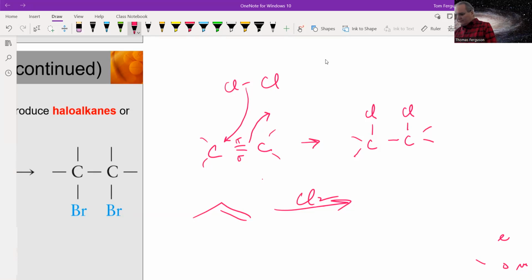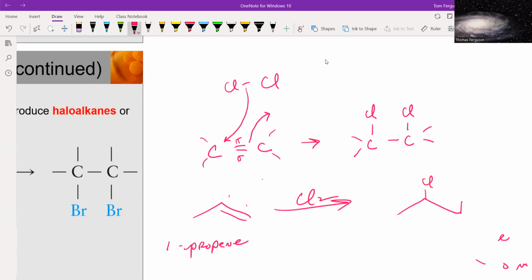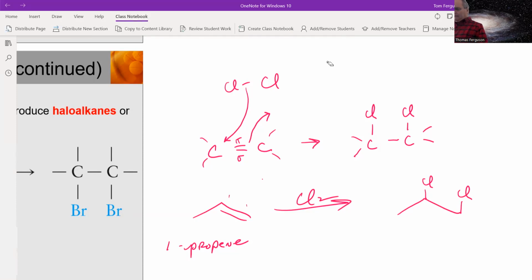Okay, so these are the conditions. We start with our reactants. In this case, it's called 1-propene. Conditions are Cl2. And what are we going to make? Well, that Cl2 is going to add across that double bond. So we're going to end up with... now we have to name it.